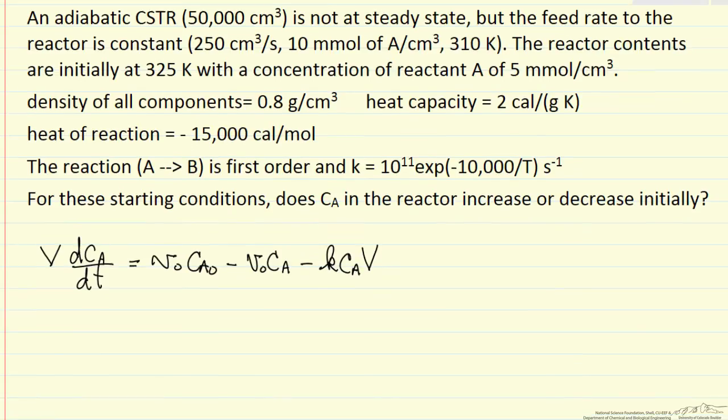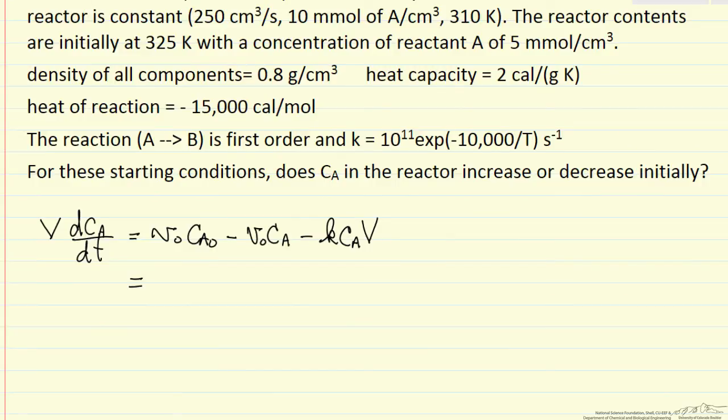So let's look at the values. The volumetric flow rate is 250 cubic centimeters per second, and we'll factor that out. And so the concentration coming in is 10 millimoles per cubic centimeter, and leaving is 5, so millimoles per centimeter cubed.